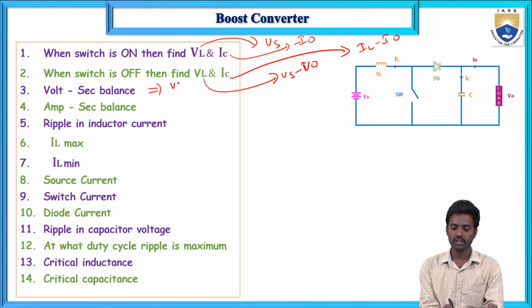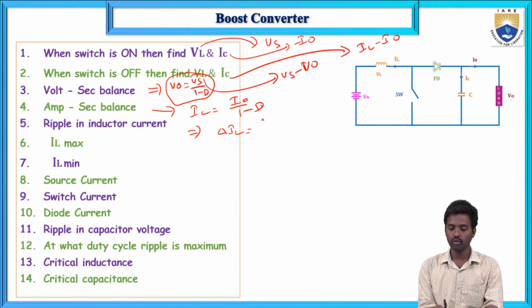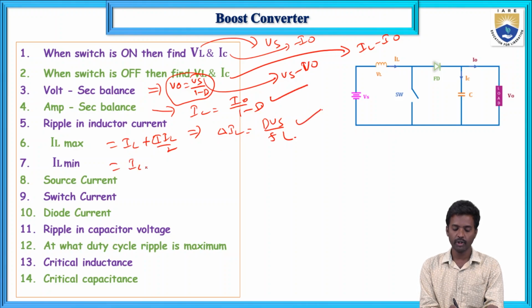Now from the volt second balance, V naught equals Vs by 1 minus D. From the ampere second balance, IL equals I naught divided by 1 minus D. And ripple in the inductance, del IL equals D into Vs divided by F into L. Now IL maximum equals IL plus del IL by 2, and IL minimum equals IL minus del IL divided by 2. Source current IS equals V naught I naught divided by Vs.